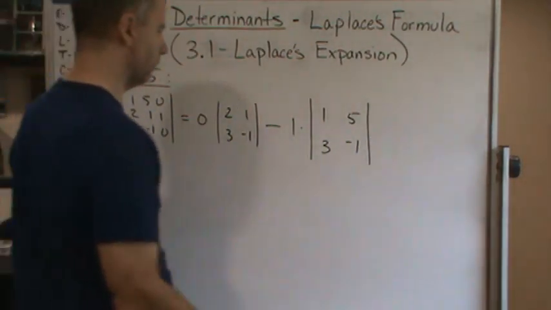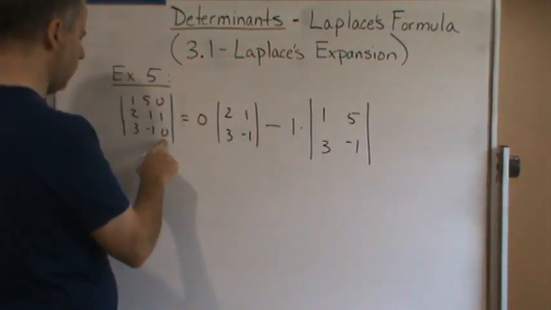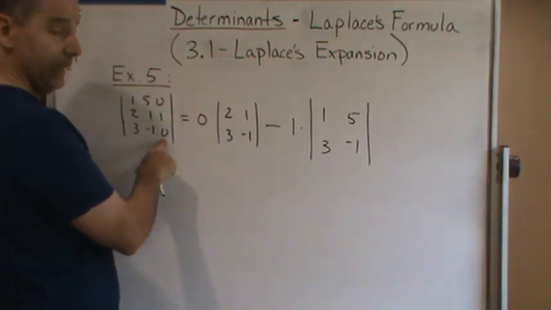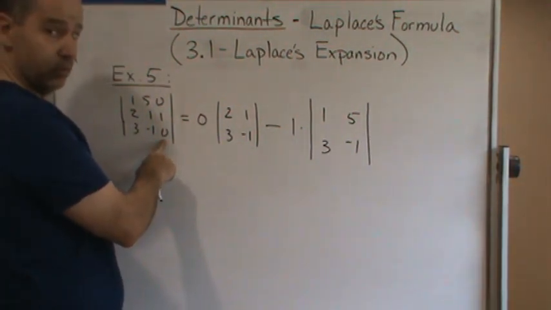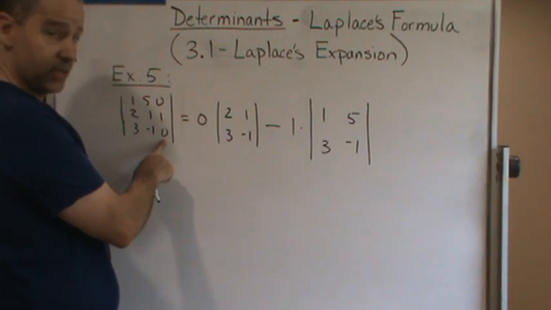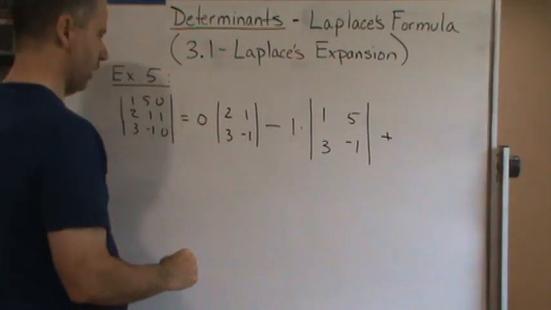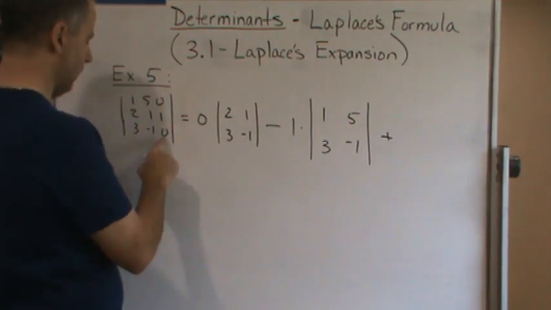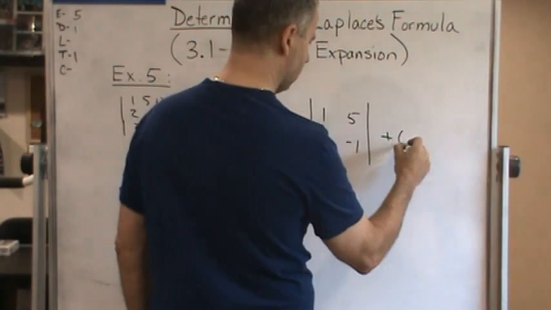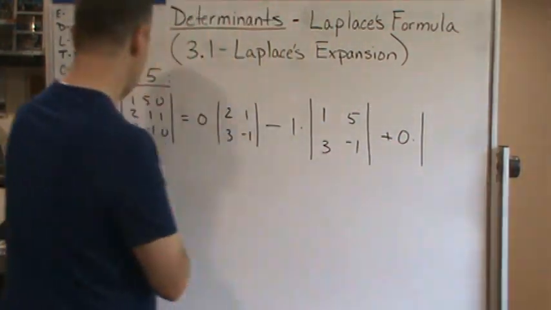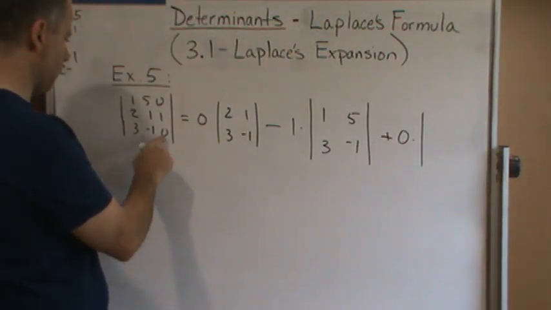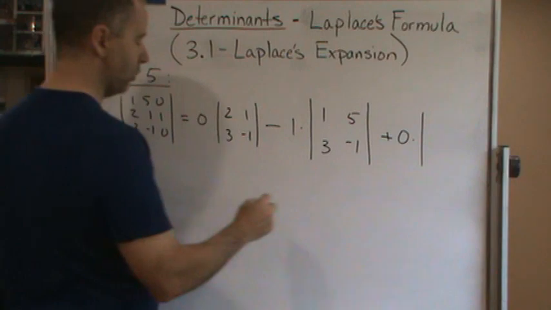And then here, 0, and I'm in the 3, 3 entry, which, if I add those, is 6, which is even. So I know that this is going to be plus as far as the cofactor goes. And 0 times the minor, which is going to be 1, 5, 2, 1.